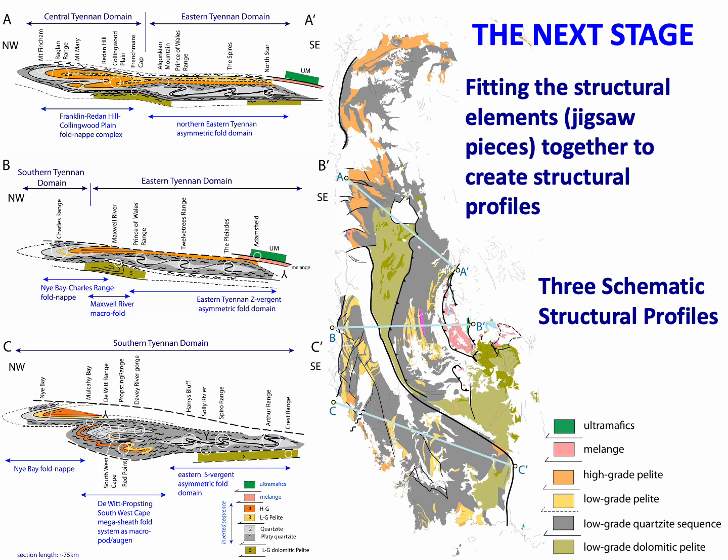Their locations are shown by the blue lines on the map. Each profile groups the identified macrostructural elements and shows the structures and structural style that characterise each part of the Tyennan allochthon.